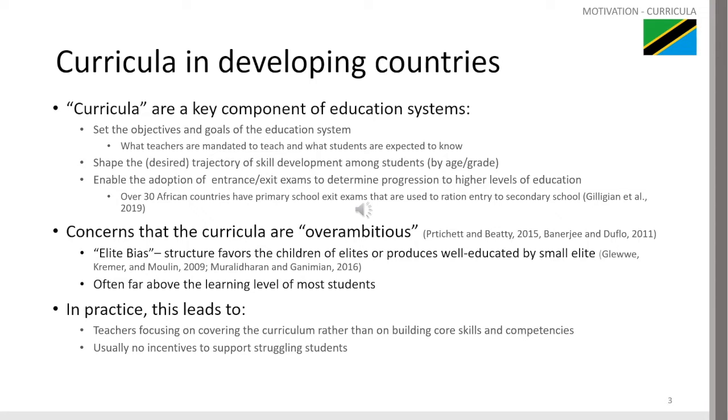They're structured to favor the children of the elites. They are also designed in a way that produces a well-educated elite. And so what this means is that the materials, the textbooks, the lessons, are just far beyond the level of the average student.